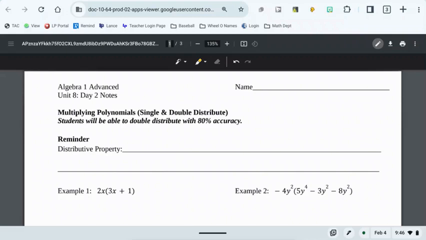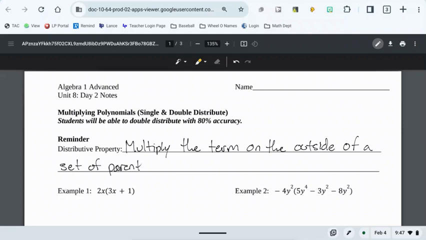So the distributive property is when we multiply the term on the outside of a set of parentheses by everything on the inside.